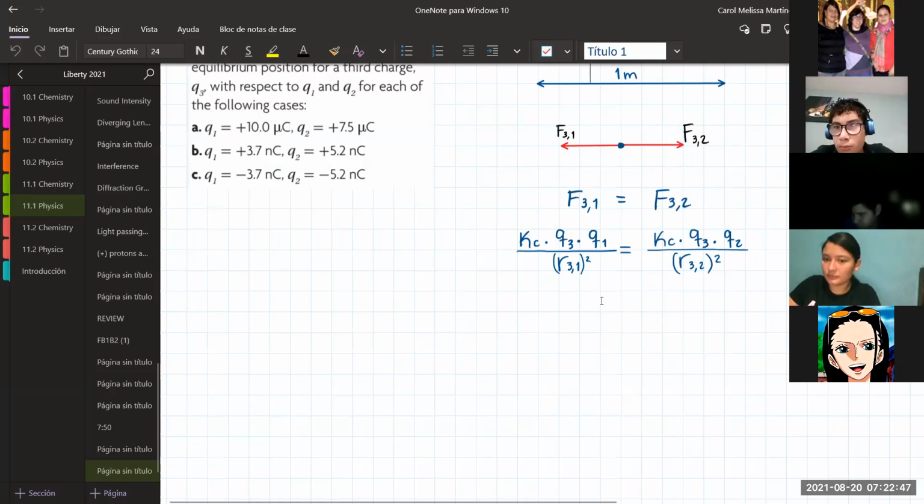And what happens now is that we start canceling what is repeated in the two sides. What is repeated in the two sides? Kc is repeated, so it's going to be cancelled. What else is repeated?